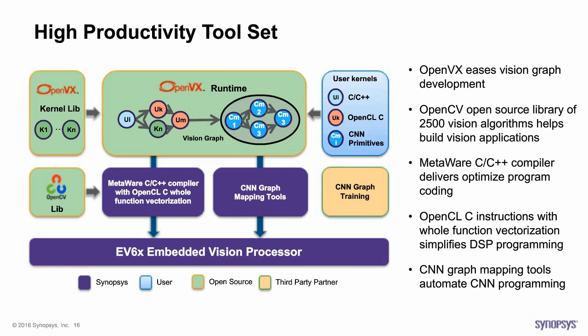CNN graph training is done offline, but then we have a tool that automatically maps the CNN graph to the CNN engine, and at the same time it will generate the CNN primitive that you can use with the OpenVX runtime. So it becomes very easy from the programmer's perspective to put together the vision graph and then program it to run on the vision processor.